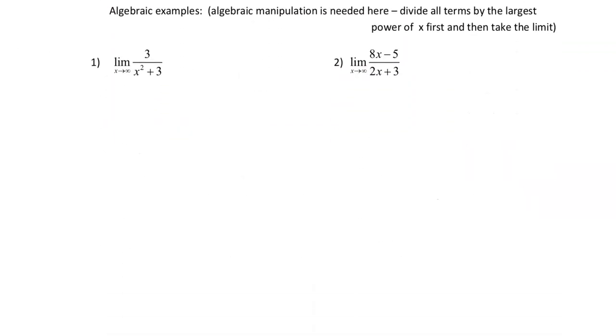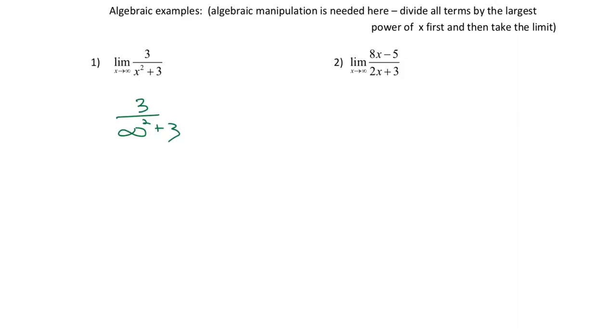Okay, we have some algebraic examples too. What if I say I want you to tell me the limit as x goes to infinity of this first function? Well, since I only have the x in the denominator, you could technically at least visualize plugging in infinity squared plus 3. Okay, what does that look like? It's like a crazy thing.